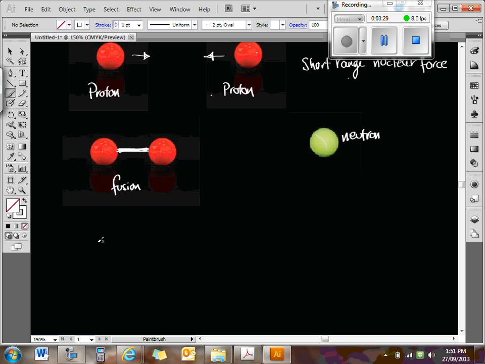A nuclear reaction where we have energy released is where the products have less mass than the reactants.